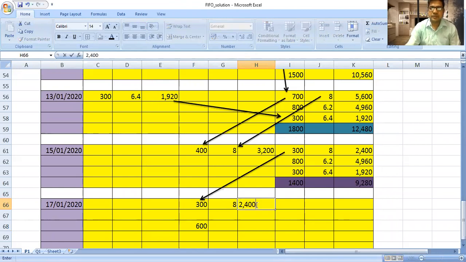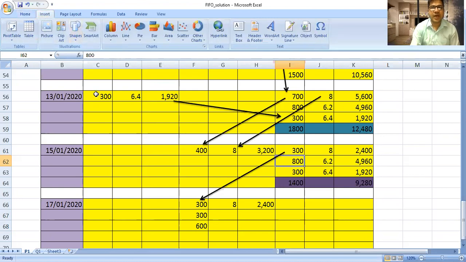2400. But these 300 units are not sufficient, because we want to sell 600 units. The rest of the 300 units we have to take from the 800 units, because they were purchased after the purchase of the 300 units. So the second preference is the rate 6.20, 800 units.